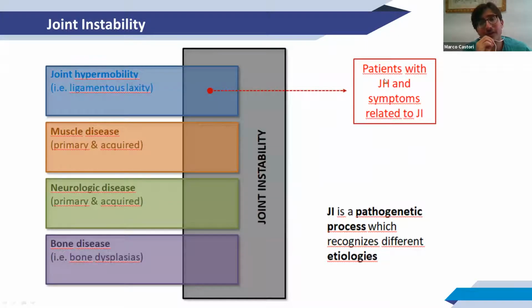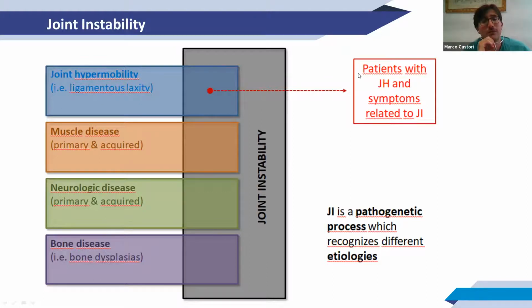Anyway, joint instability that is a prelude of clinical manifestations related to ligamentous laxity should be accepted as etiopathogenetically heterogeneous, because joint instability cannot be intended only as the direct and natural consequence of joint hypermobility, but might be the result also of muscle disorders, neurological disorders, and bone disorders, particularly bone dysplasias.